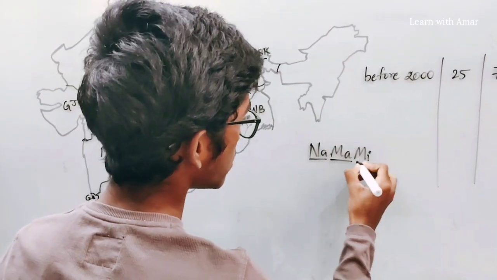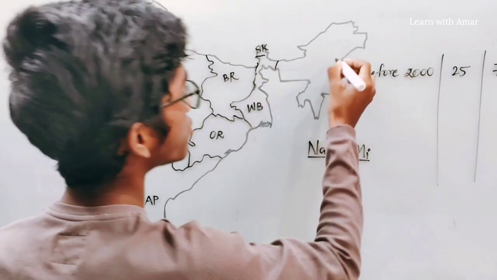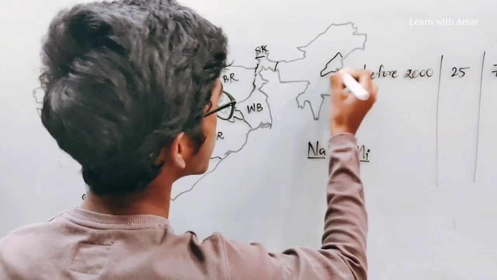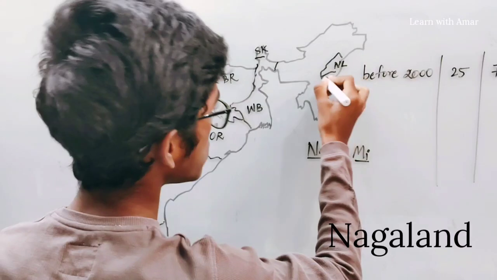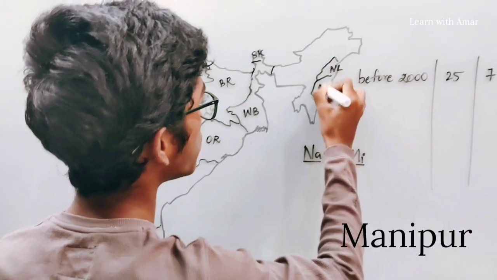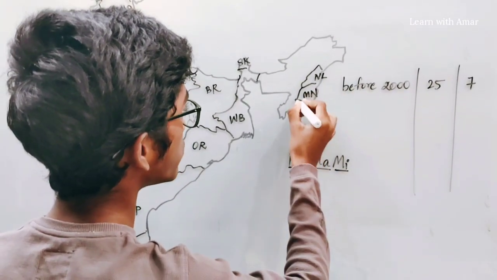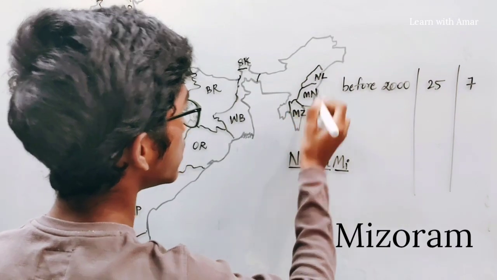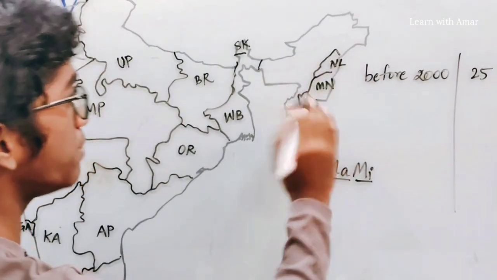Na, ma, mi. So first one, na for Nagaland. This one, ma for Manipur, and mi for Mizoram. Namami: Nagaland, Manipur and Mizoram.